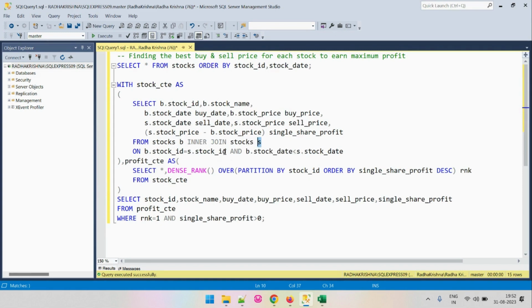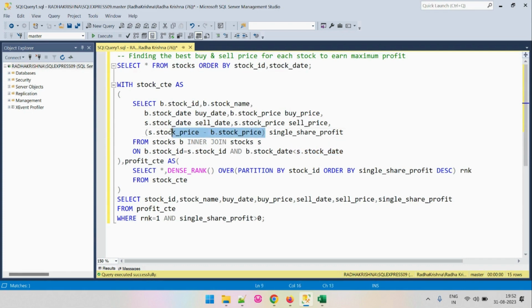The joining condition is to join for the same stock and ensure that the date on the buy table side is less than the sell table date. With this joining condition, we fetch all the possible combinations of buy date and sell date along with their respective prices.